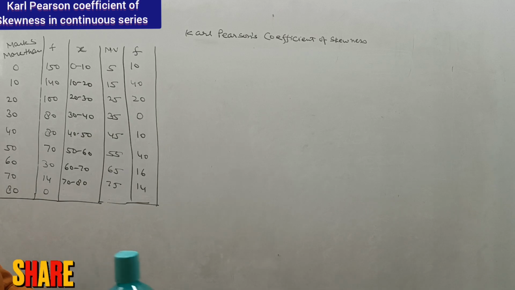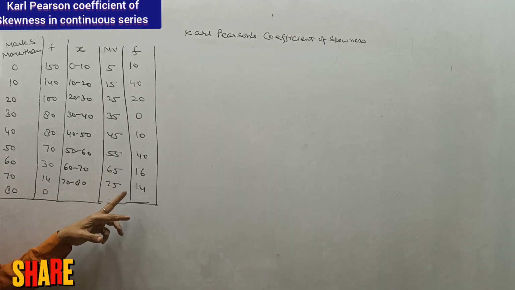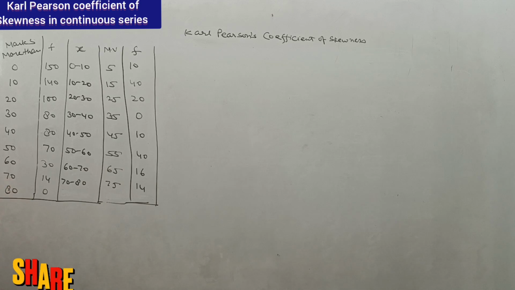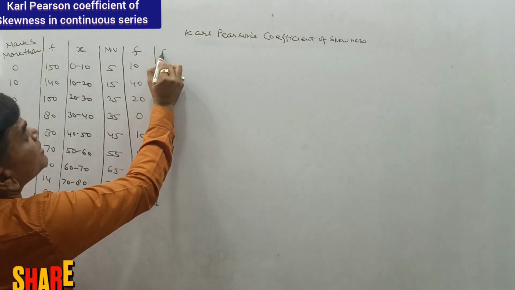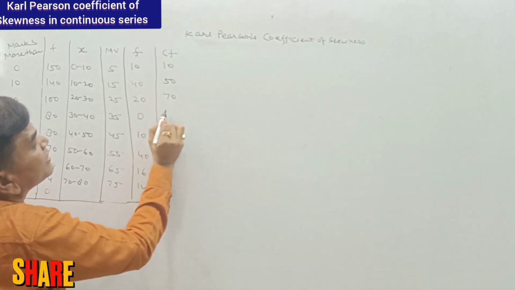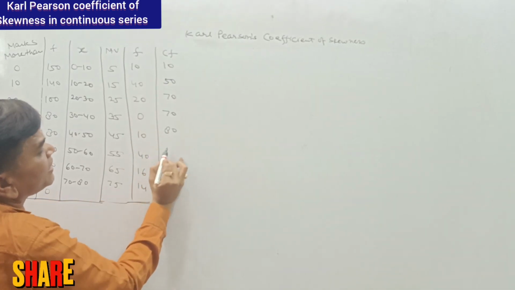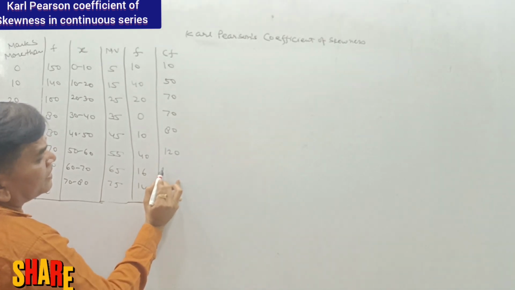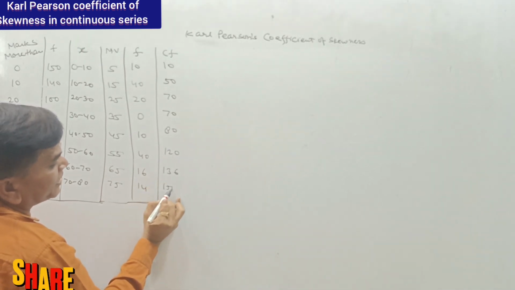So we will calculate the median value here. For calculating the median value, CF is required: 10, 50, 70, 70, 80, 120, 136 and 150.